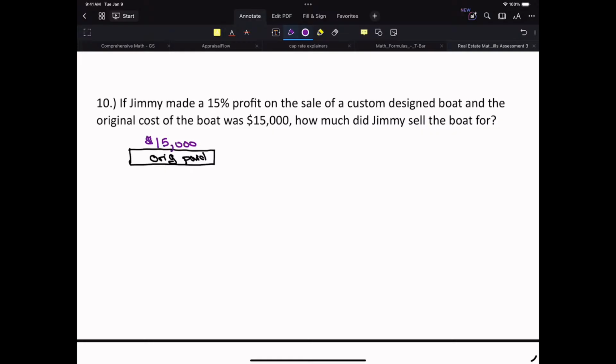That's what he bought it for. But when he sold it for more, he got his original $15,000, and then this 15%. He sold it for the $15,000 plus some extra money.